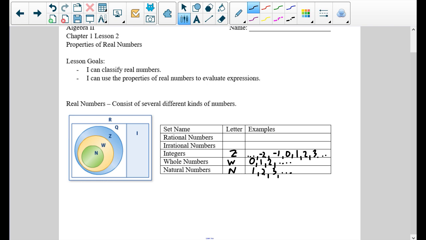Irrational numbers. Kind of go out of order here. Irrational numbers are going to be what? I'll give you a hint. It's the I part.